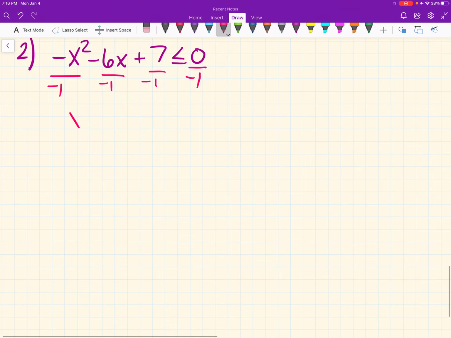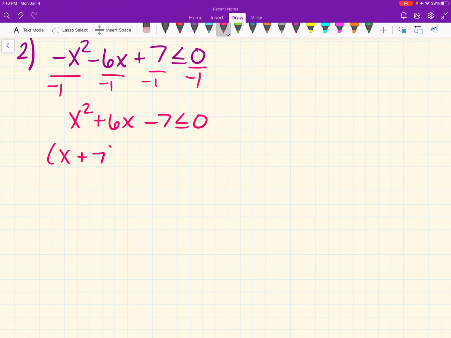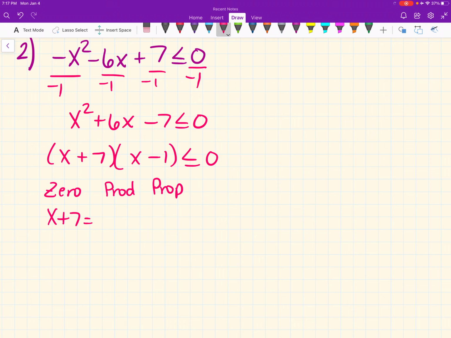So that gives me x² plus 6x minus 7 is less than or equal to 0. I factor it quickly. I do my zero product property. So x plus 7 equals 0, x minus 1 equals 0, so that means my boundaries are -7 and +1.